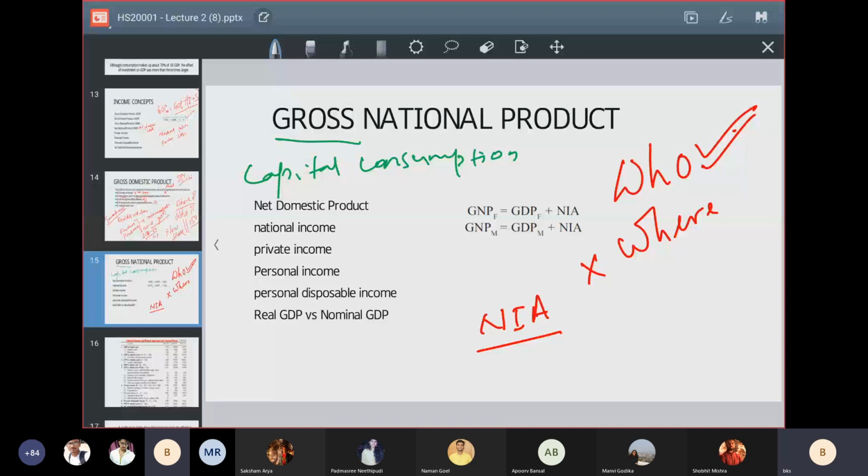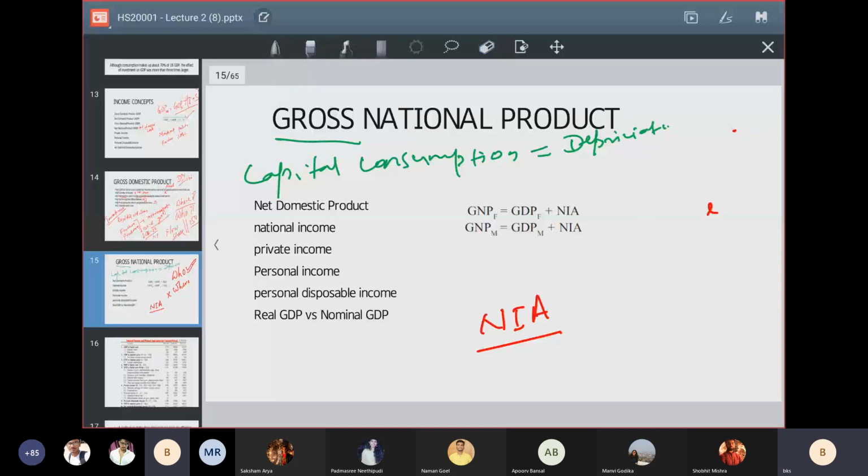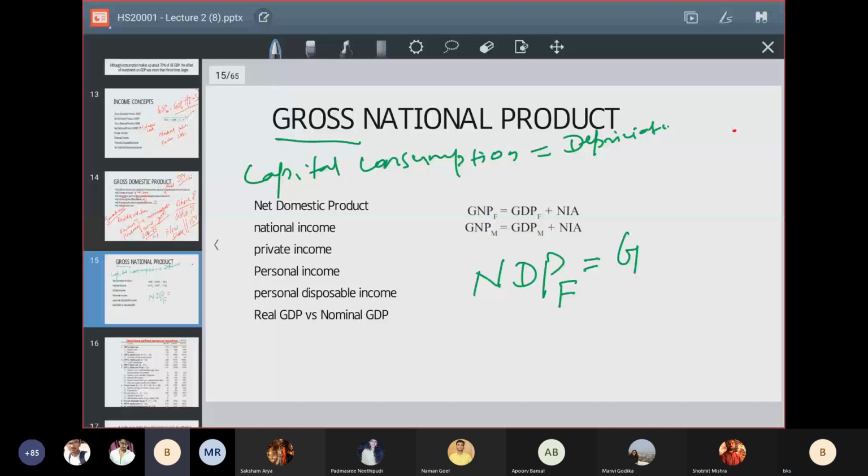So to calculate your NDP at factor cost, or NNP at factor cost, net domestic product at factor cost is equal to your GDP at factor cost minus depreciation.